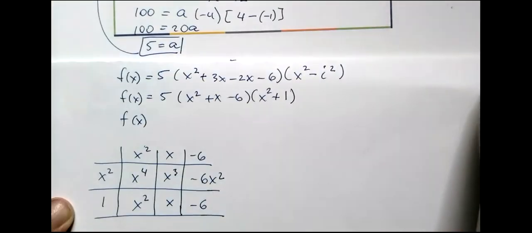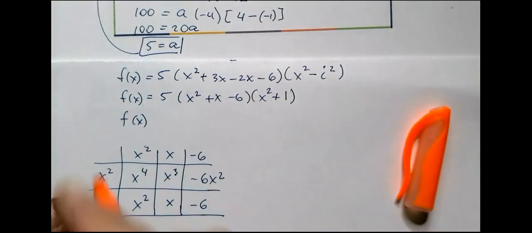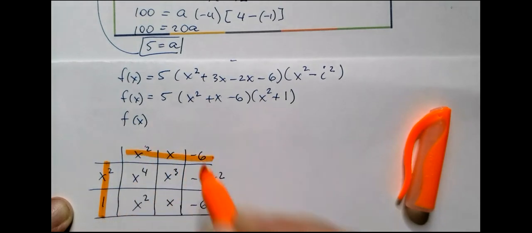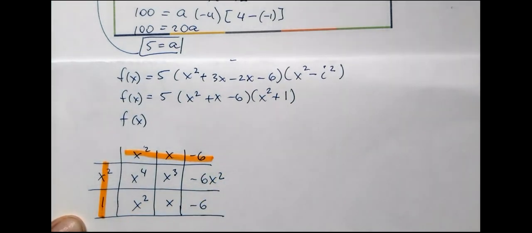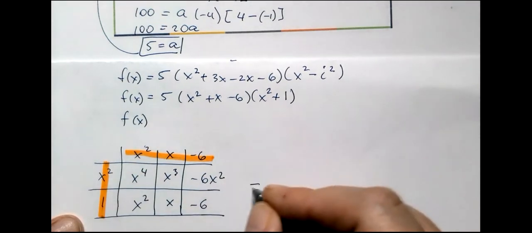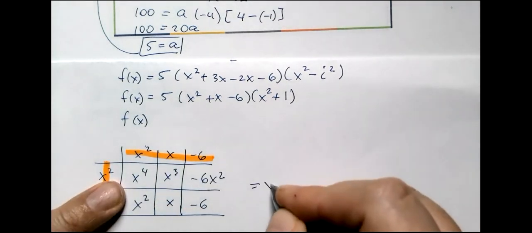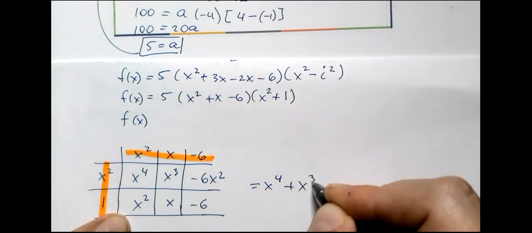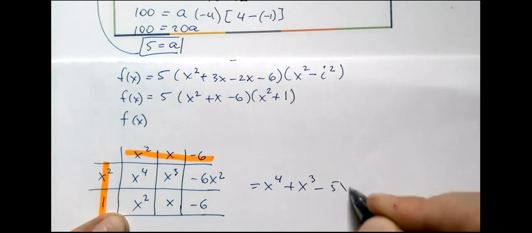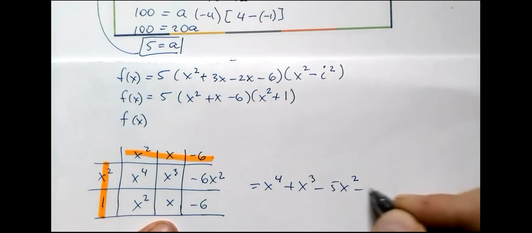So these are our factors. This is what we were multiplying, and this is the result. And I'm going to combine like terms. So it looks like I have x squared here and x squared, and that's it. Usually there is more. So the result of this multiplication is x to the fourth plus x cubed minus 5x squared minus 6.